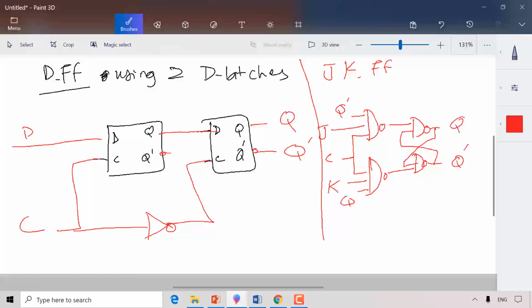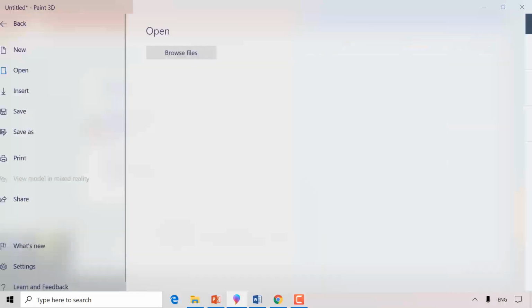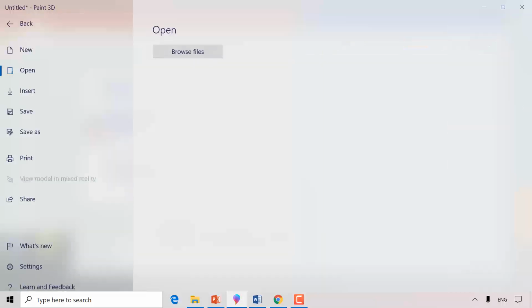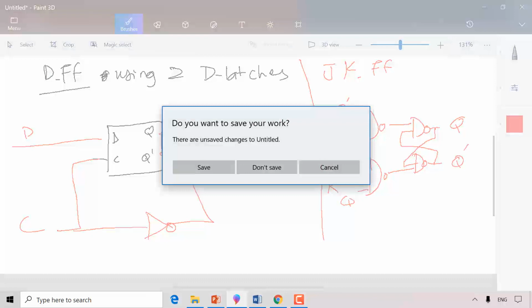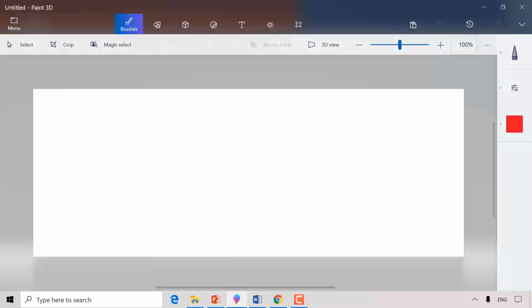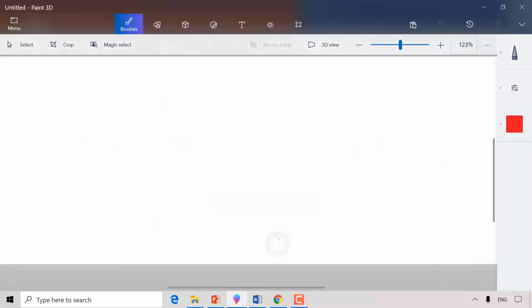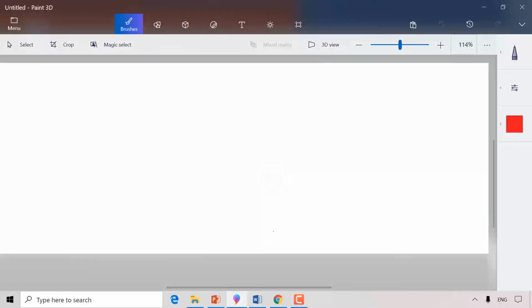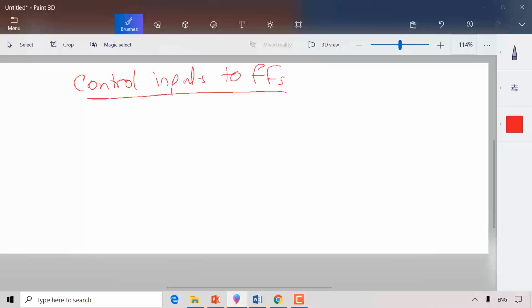Finally, we have flip-flops with set and reset inputs. These are control inputs added to the flip-flop. What do they do?